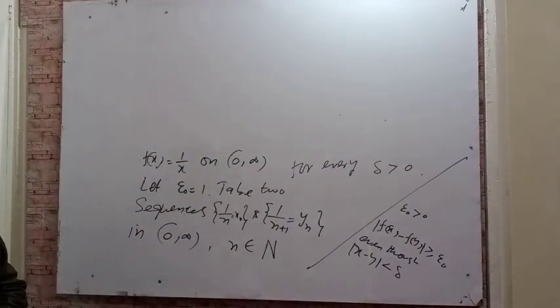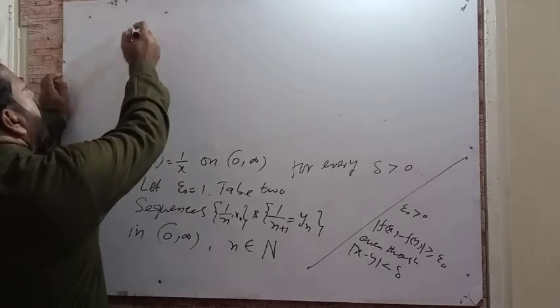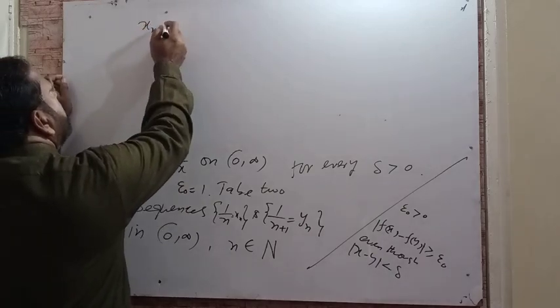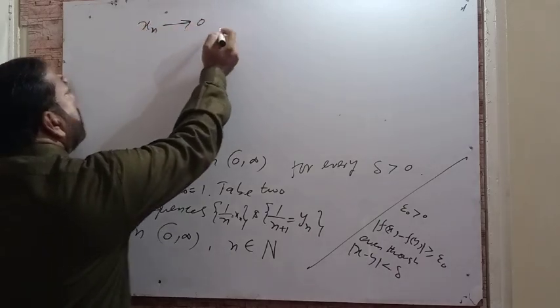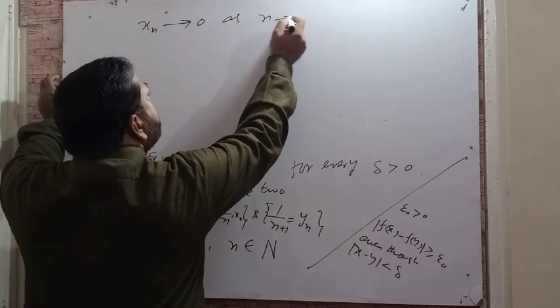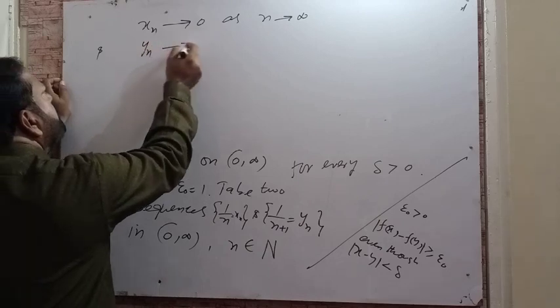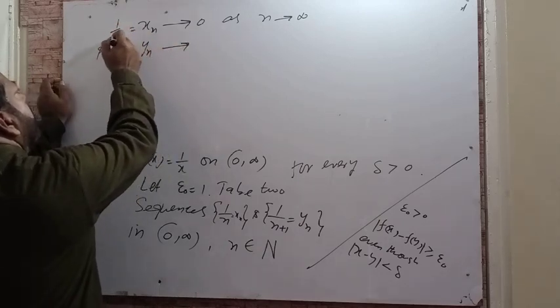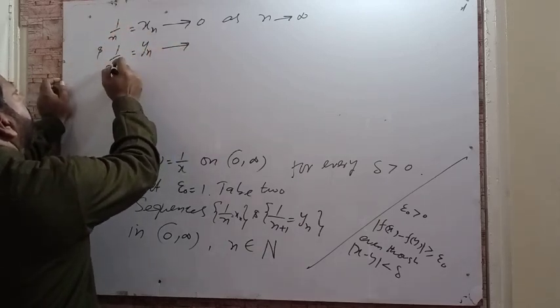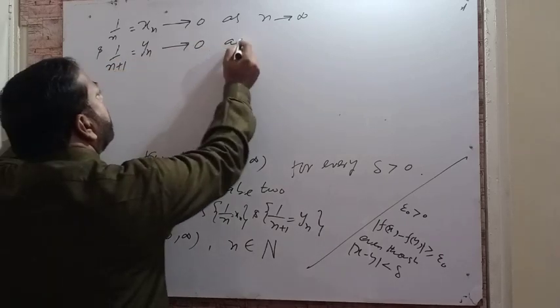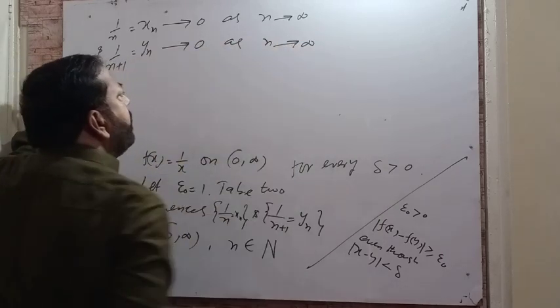Here x_n tends to 0 as n tends to infinity, and y_n also tends to 0 as n tends to infinity.